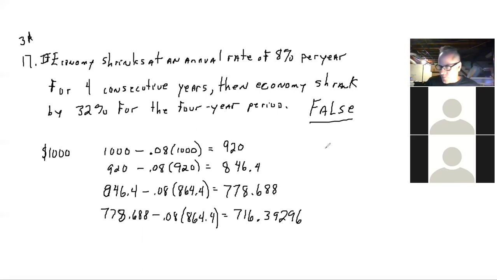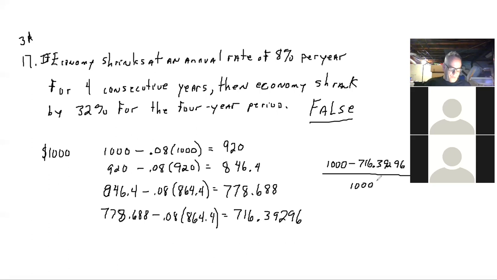I'm going to take, this was where I hadn't actually written this down, 1,000 minus 716.39296 and divide that by 1,000.